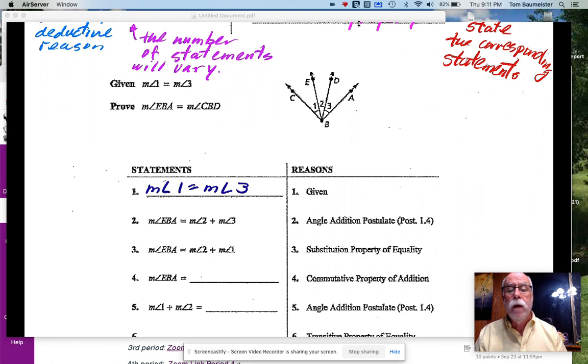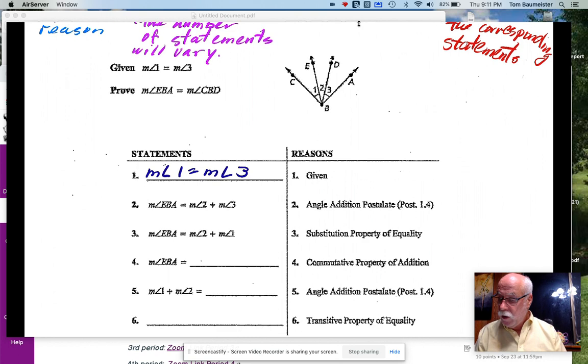Okay, that's what we did. So on this next one here, the measure of angle EBA is equal to the measure of angle 1 plus the measure of angle 2. Yep.